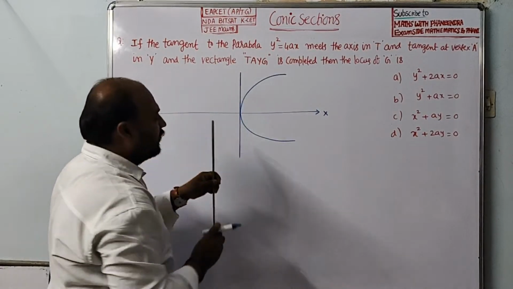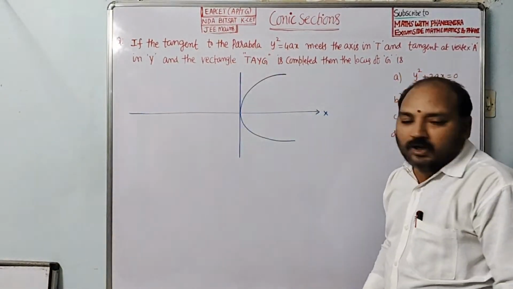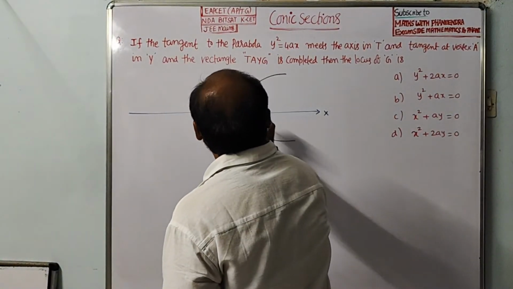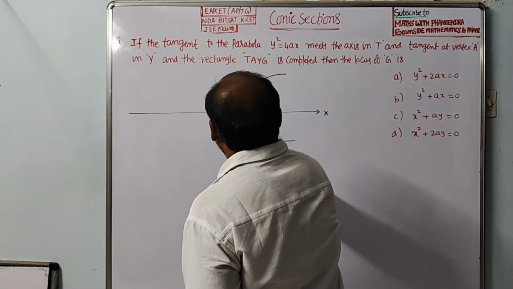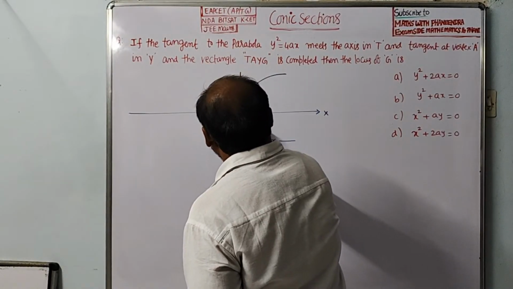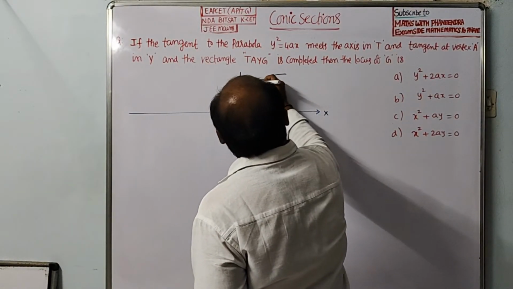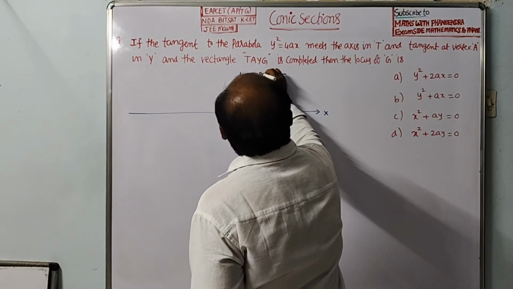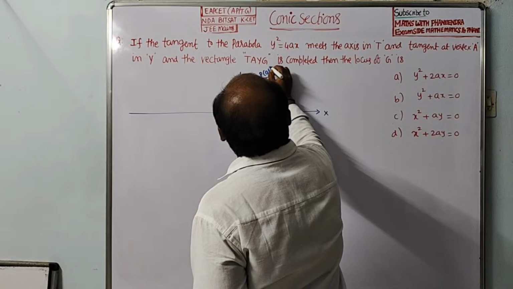This is the tangent at vertex A, this is (0, 0). You have to take a point P on it, that is P (at², 2at).